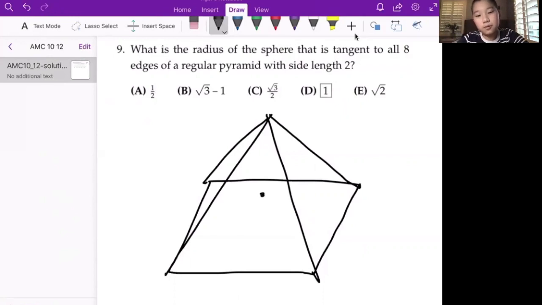The only way that it can be tangent is when the center of the sphere is the same distance from each of the 8 edges. But wait a minute. If we can show that there's symmetry in this figure, which it's obviously symmetric, then we only need to look at 2 of them actually. Which 2? These 2.